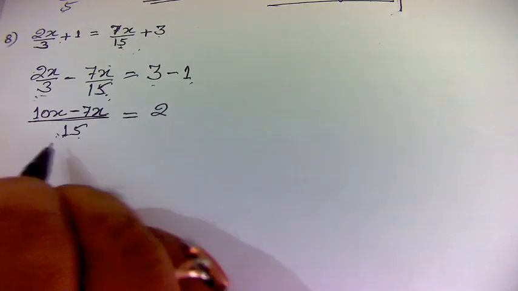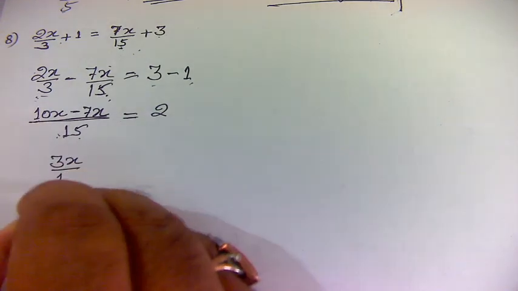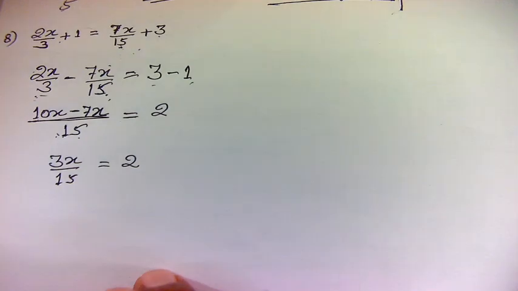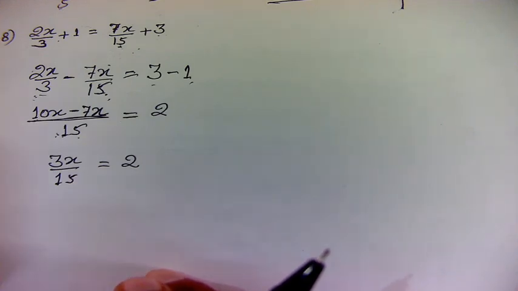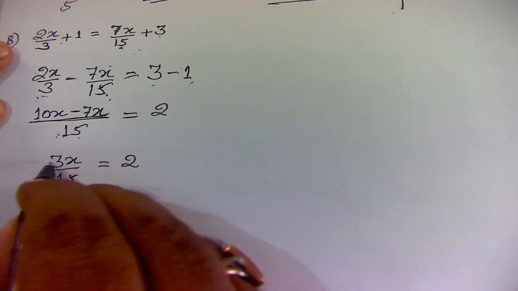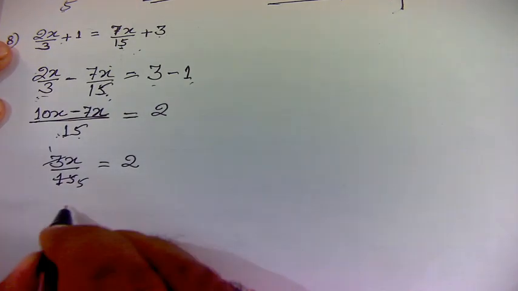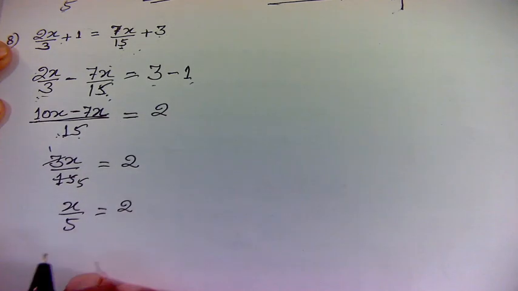Now 10x minus 7x, it is 3x upon 15 equals to 2, and 3x upon 15, 3 and 15 can be simplified. So if you simplify 3 and 15, you get 1 upon 5, that is x upon 5 equals to 2.